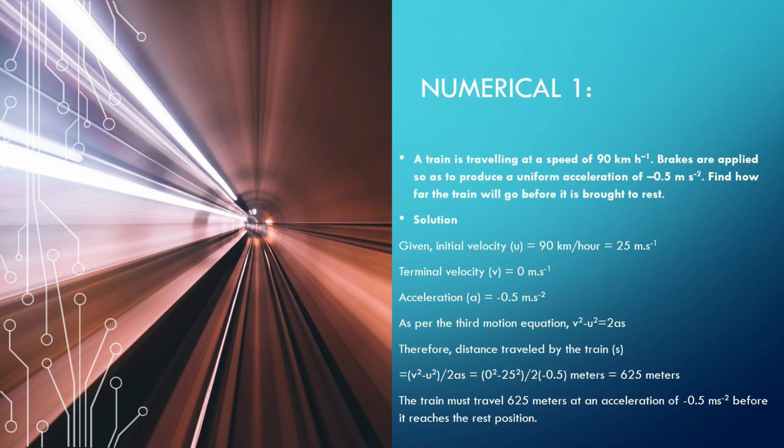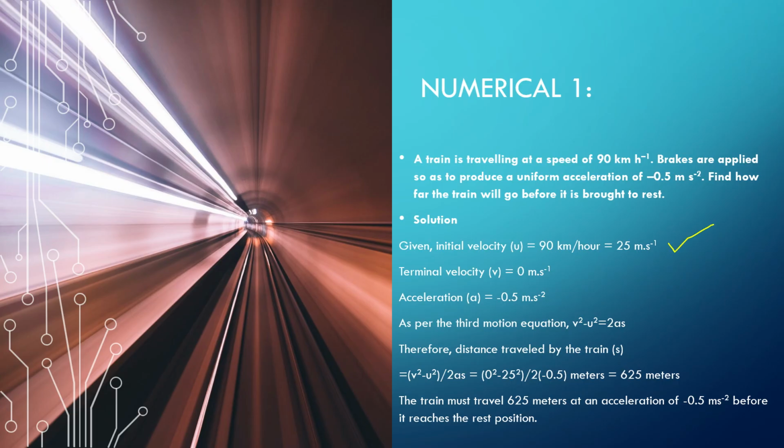Numerical number 1. A train is traveling at a speed of 90 km per hour. Brakes are applied so as to produce a uniform acceleration of minus 0.5 meter per second square. Find how far the train will go before it is brought to rest. So first and very important thing is that you have to write what is given.